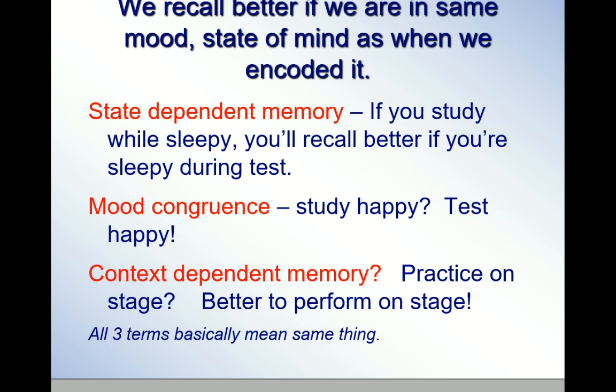So think about you're in a classroom and you're learning all this stuff. Don't you think that you would do better on the AP exam if you took it in that specific room? Yeah, you would. We call that context dependent memory.